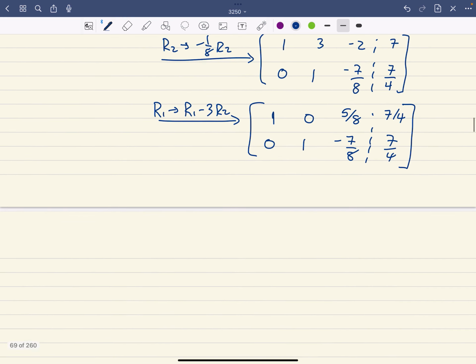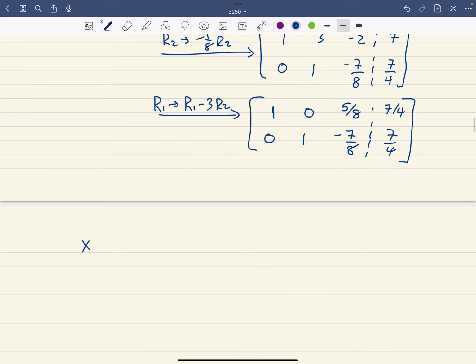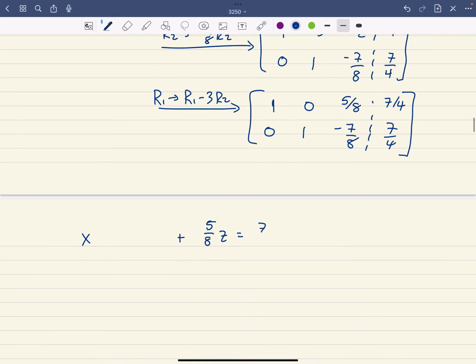And then we can interpret this again as, basically at this point we can find a parametric solution to the system. We know that x plus 5/8 of z is equal to 7/4. We know that y minus 7/8 z is equal to 7/4.